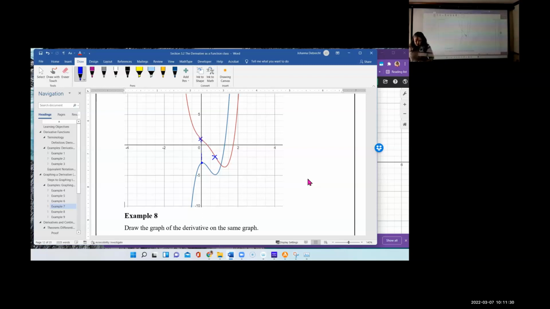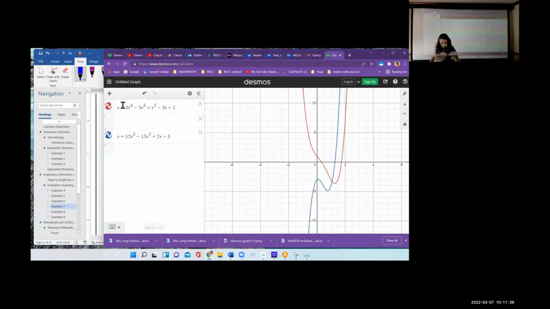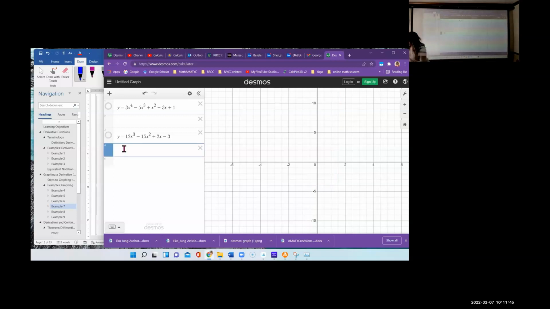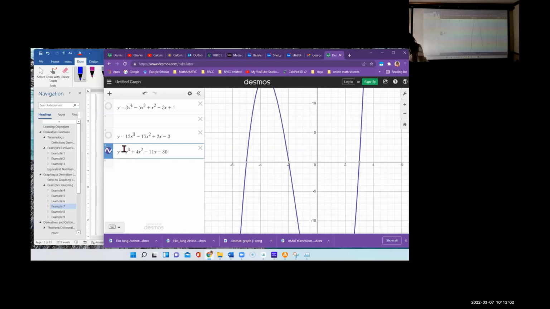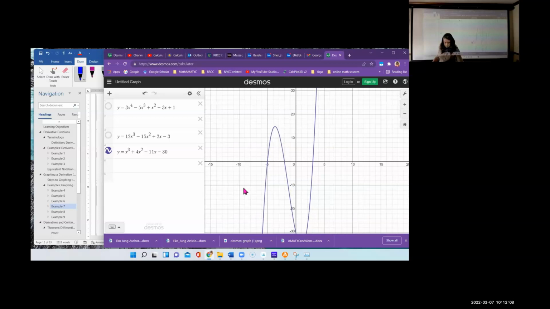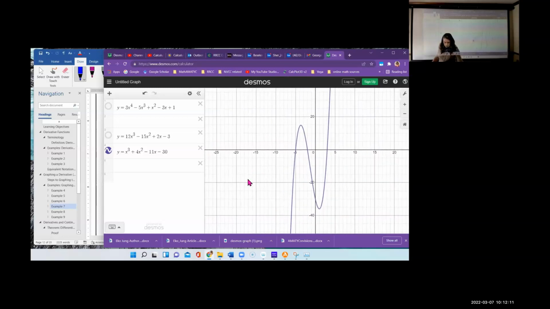Okay. So let's see if this one will work. All right, so there's one example. Let me do another one. I'll leave those in here, but I'll put on another one. Okay. So there's that one.